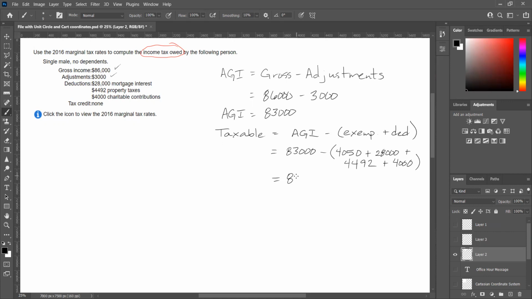So they've got 83,000 minus the sum of those: 4,050 plus 28,000 plus 4,492 plus 4,000. That's a total of 40,542.